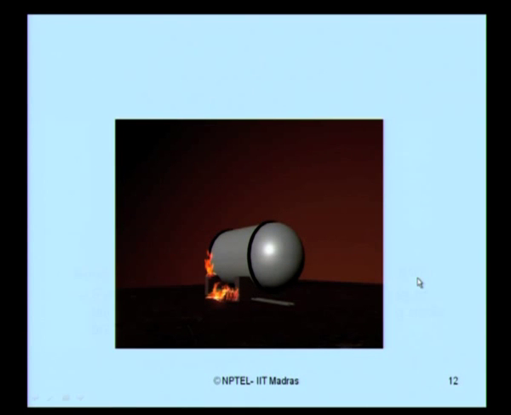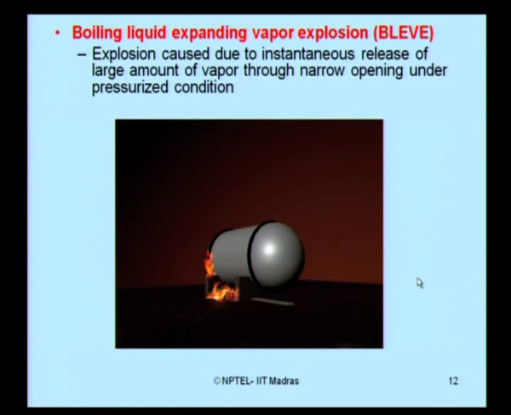The third kind of explosion is what we call BLEVE, which is expanded as boiling liquid expanding vapor explosion. In this case the explosion is mainly caused due to instantaneous release of a large amount of vapor through a narrow opening under pressurized condition.